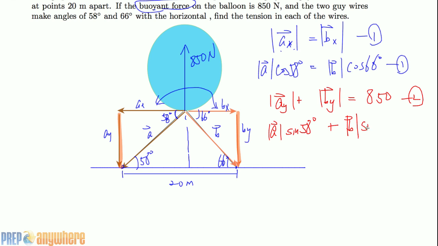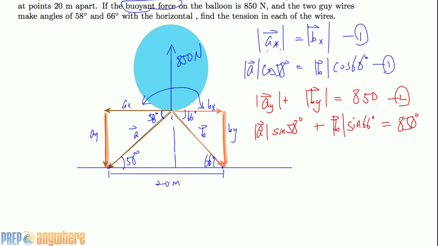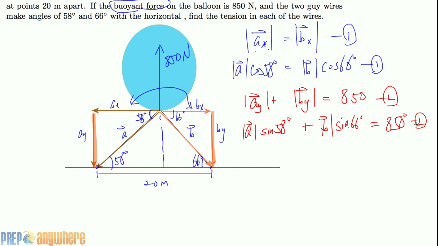B, sine of 66. Okay. Let's isolate B. So B is A times cosine of 58 divided by cosine of 66.